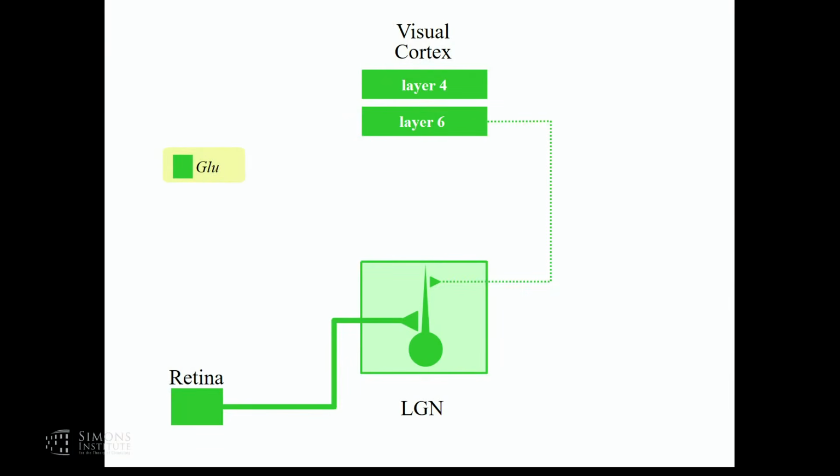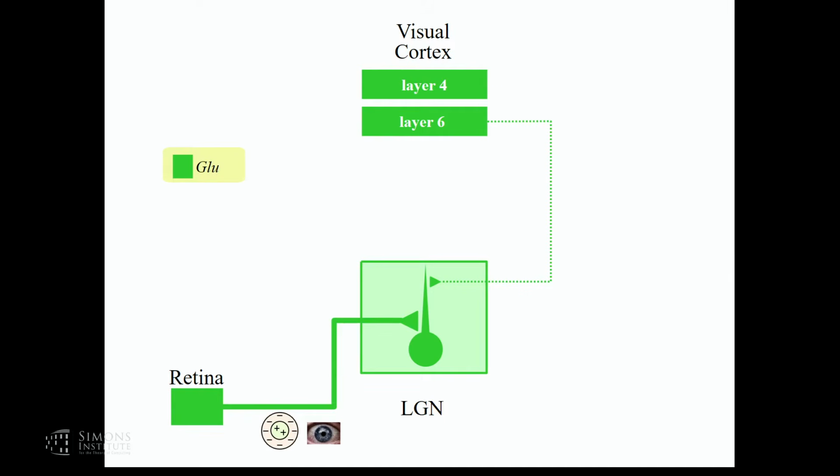If we want to ask the question, which of these inputs is providing the main information to the relay cell to be relayed to cortex, we can get an answer to that by studying the receptive field properties of each of these units. Because how a cell responds to its visual stimuli tells you a lot about what kind of information it's able to pass on to its postsynaptic targets.